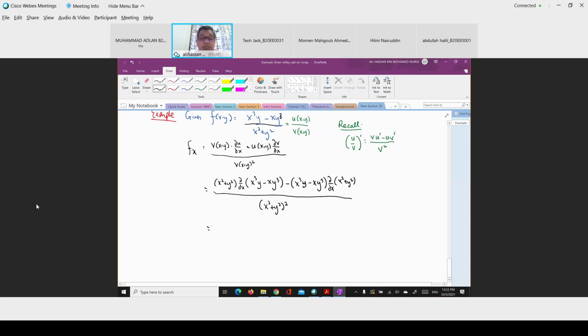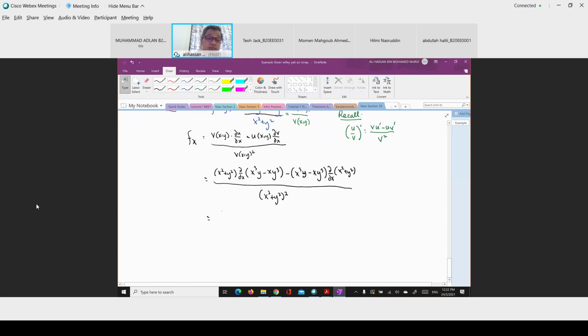And then we simplify. What is the partial x here? 3x squared y minus y cubed. Okay, that is correct.